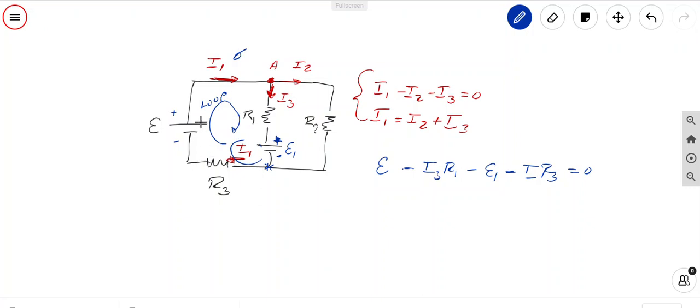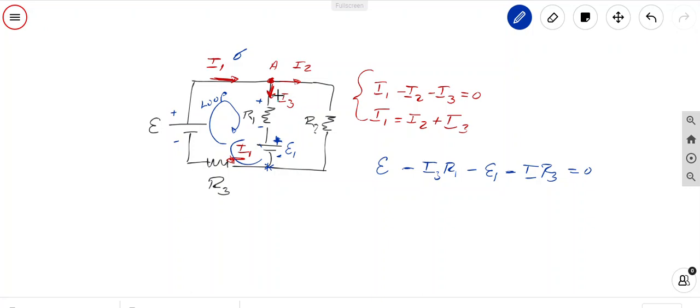I can say that the variation of voltage, the electromotive force of the battery that I have over here, as I am going in this direction, I'm going from negative to positive, so it's positive, minus the drop of voltage in this resistor, because when you pass through a resistor, you go from high voltage to low voltage, from the higher voltage to lower voltage.